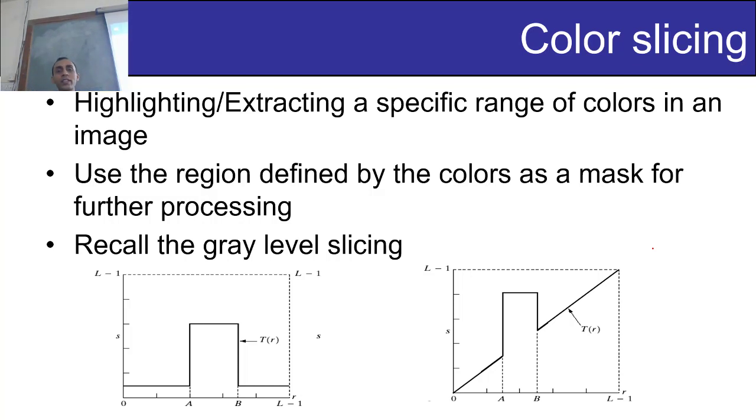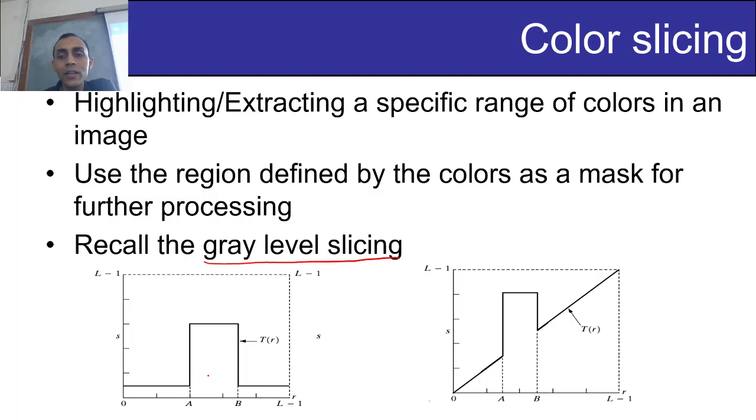You may also want to extract regions of a particular color in a given image. You may want to segment it out, or you may want to highlight a particular color region. So you can do something called color slicing. If you remember, we did gray level slicing when we discussed intensity grayscale images.